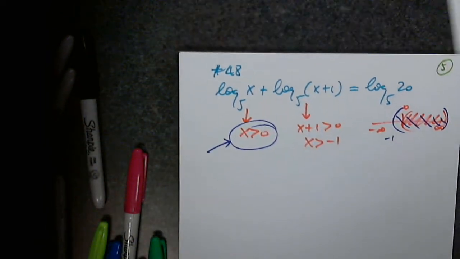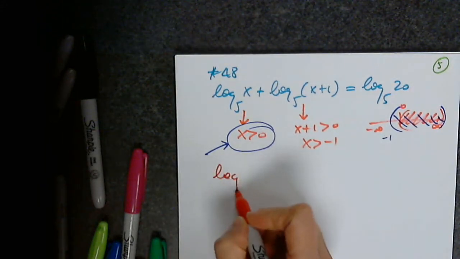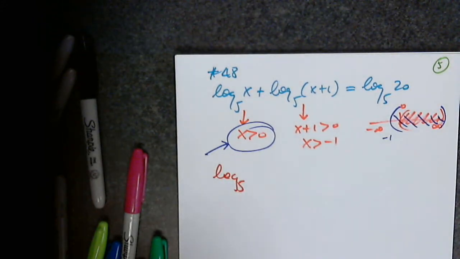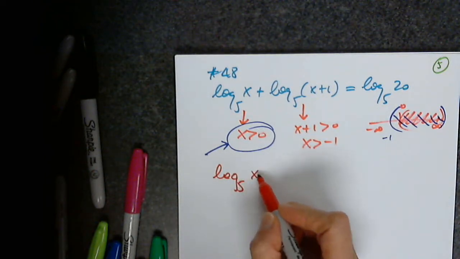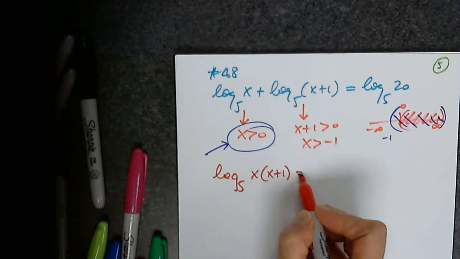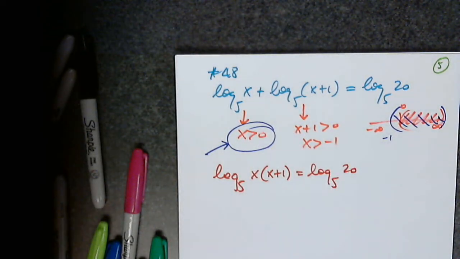Okay, the left-hand side, please. Yes, I need to condense it. Log base 5, so it's log base 5 of x times x plus 1. Very good. Now, we are not simplifying or dropping anything, so please watch for a second.